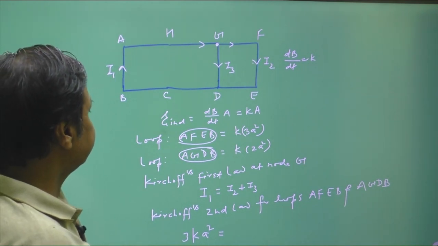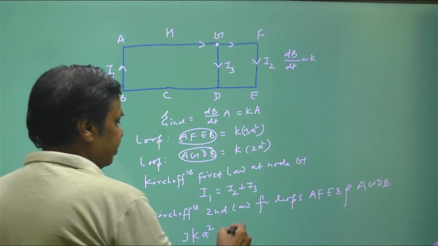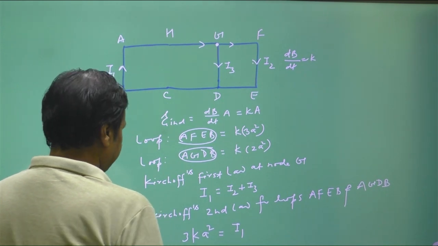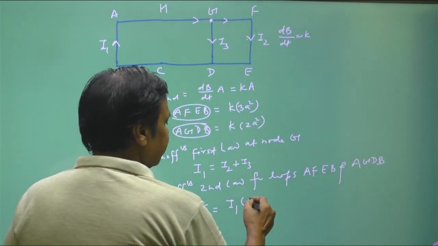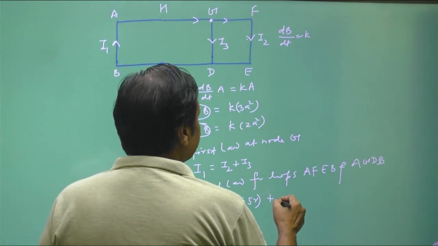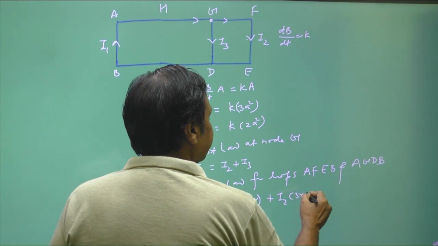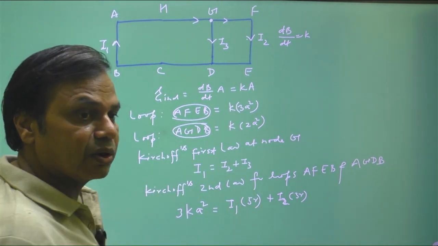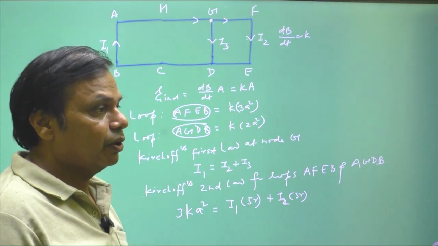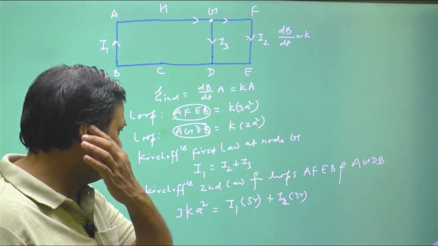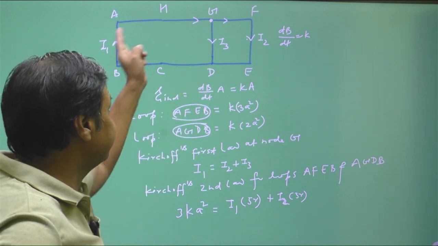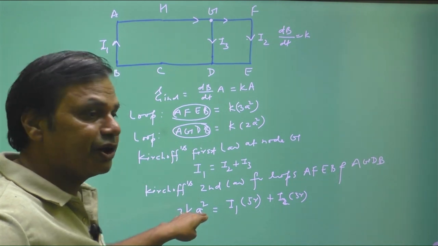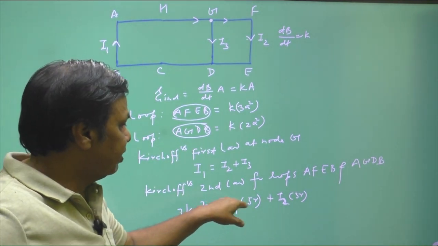So I can write it here, I1 multiplied by 5R for the left loop, and I2 multiplied by 3R for the right loop. You can see here 3 wires all having resistance R, so they are consuming so much voltage, I2 multiplied by 3R. For both loops the EMF provided is 3KA square and they are consuming this much voltage.